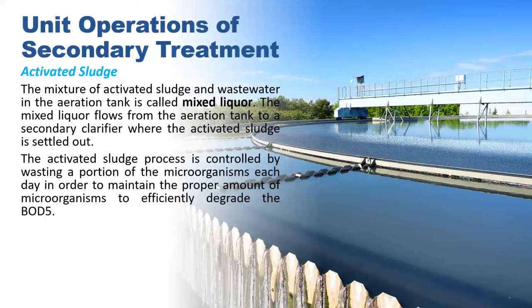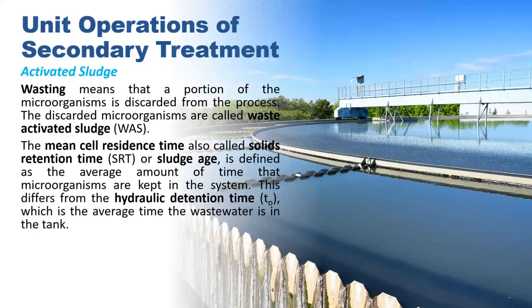So the activated sludge process is controlled by wasting a portion of the microorganisms each day in order to maintain the proper amount of microorganisms to efficiently degrade the BOD5. A balance is then achieved between growth of new organisms and their removal by wasting. If too much sludge is wasted, the concentration of microorganisms in the mixed liquor will become too low for effective treatment.